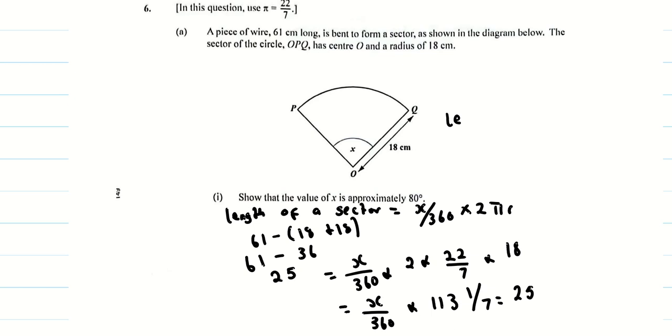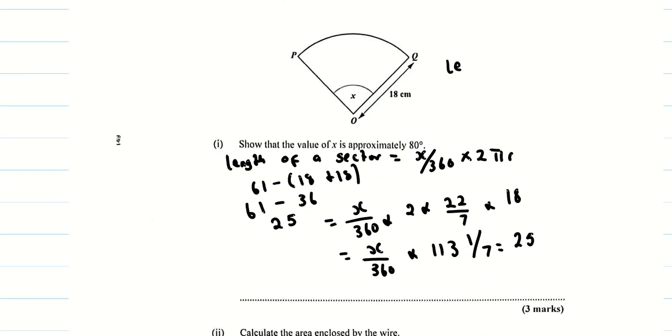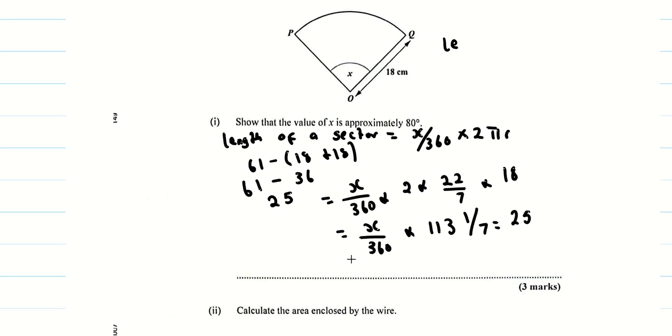So it'll be 25 divided by 113 and 1/7, which, I'll do it on the side, is 175 over 792. So x over 360 is equal to 175 over 792.